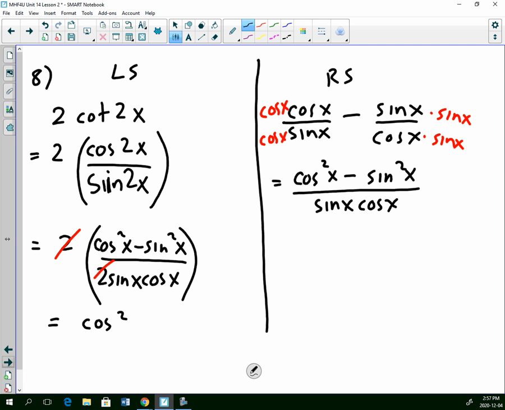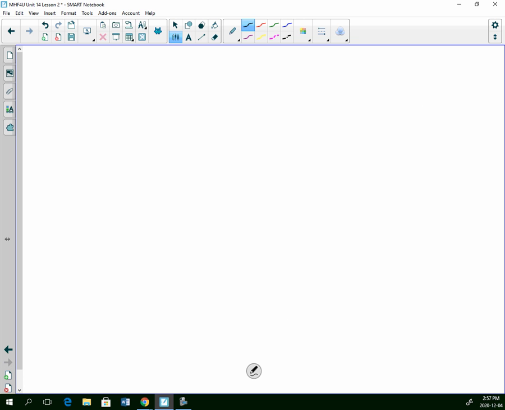Okay, so that's why I kind of want to wait and see what I'm going to do till I see what the left side's going to look like. And then left side equals right side. Okay, so you want to use whatever version is going to help you prove that identity. Okay, the last one is a hard one.